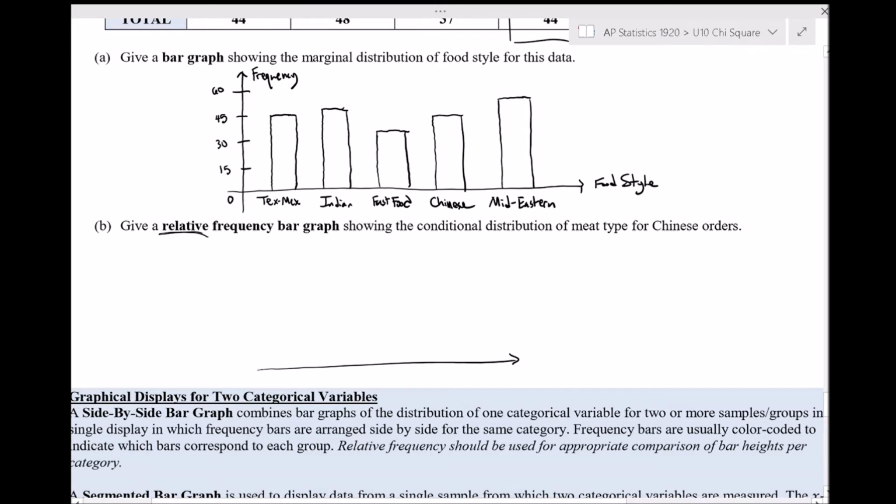So this one is a little easier for coming up with the title. This is obviously relative frequency here at the top of the y-axis, relative frequency, which I'll abbreviate. Over here, this is meat type. And the title, Chinese orders.